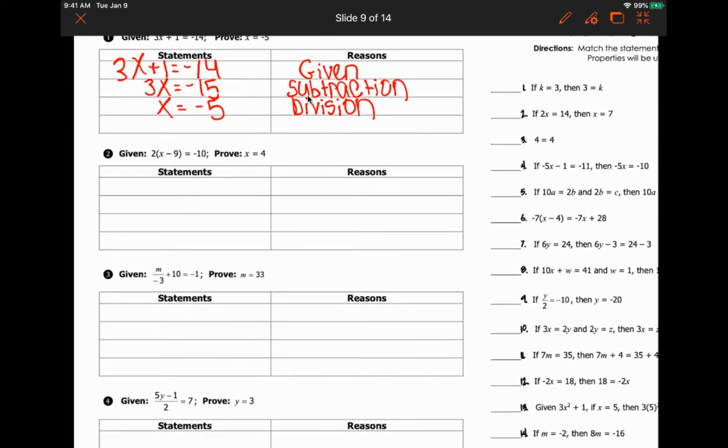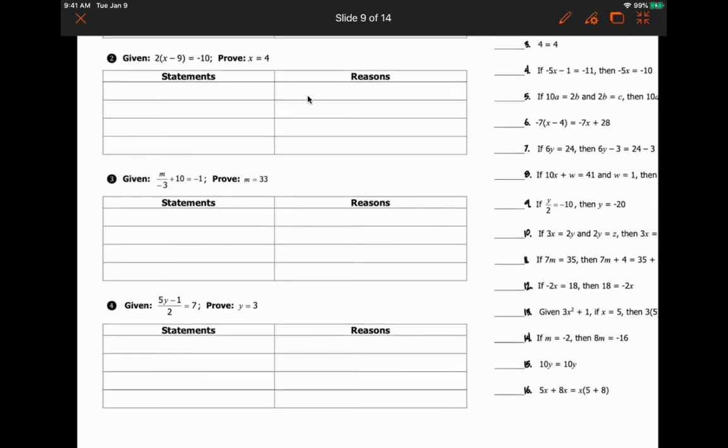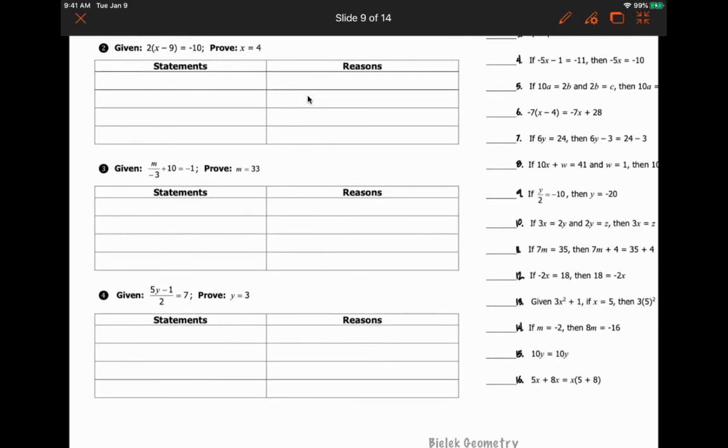Okay, I'm going to let you try 2 and 3 on your own, but we'll do 4 together. I'm going to write out 5y minus 1 over 2 equals 7, given. Then I'd multiply by 2. So I have 5y minus 1 equals 14.